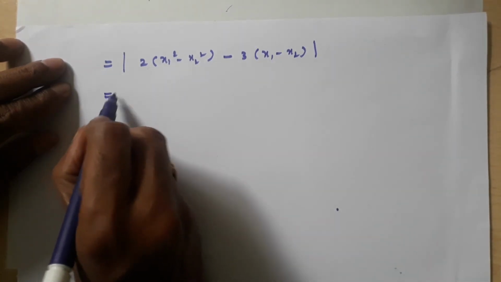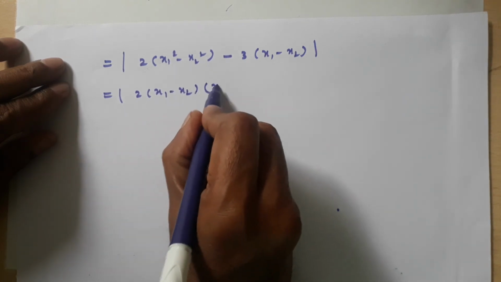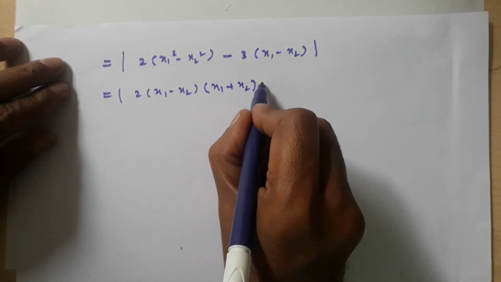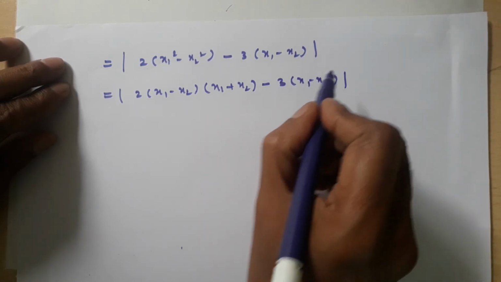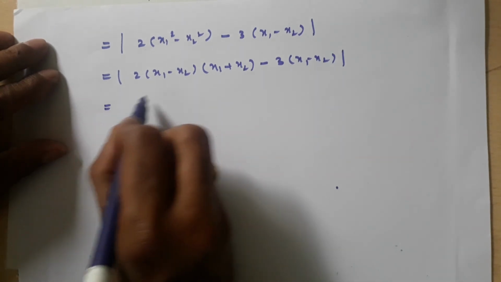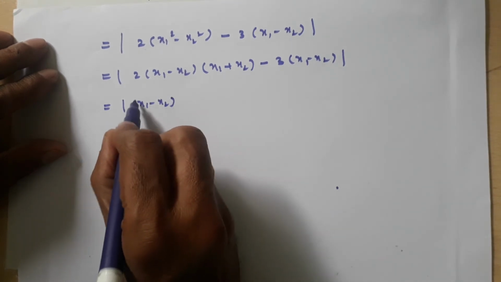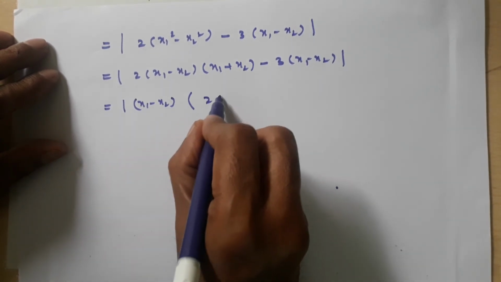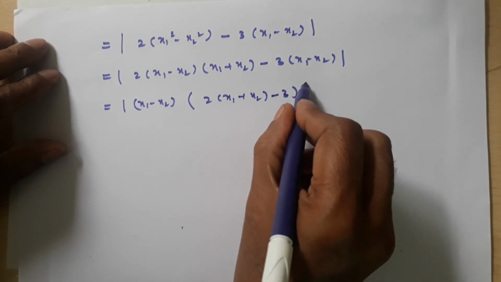This is equal to mod 2 into x1 minus x2 into x1 plus x2 minus 3 into x1 minus x2, which is equal to mod x1 minus x2 common, 2 into x1 plus x2 minus 3.